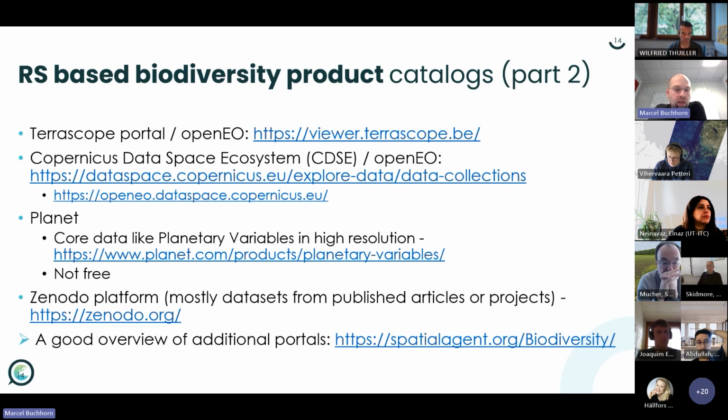Another portal is Planet. Planet is a private company. They brought out a lot of what they call planetary variables, which are in high resolution, mostly 3-meter, but they are not free. They charge quite a lot. It does not sound like a lot, but it is like 25 cents per hectare just to view the data.